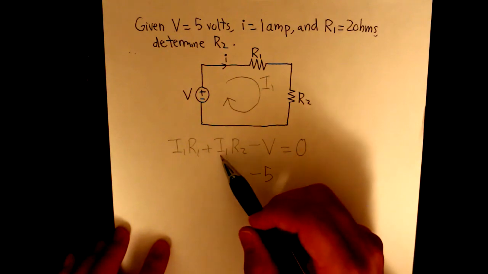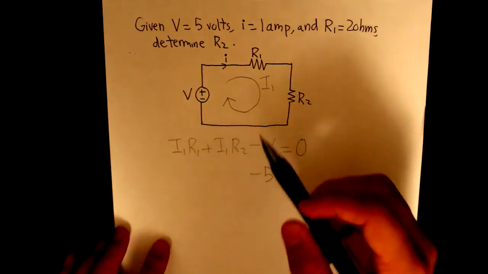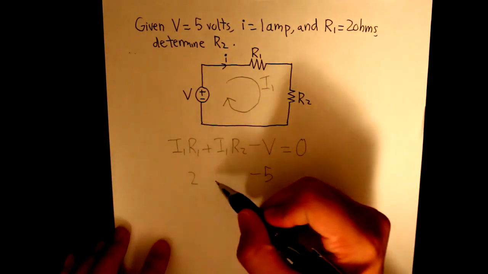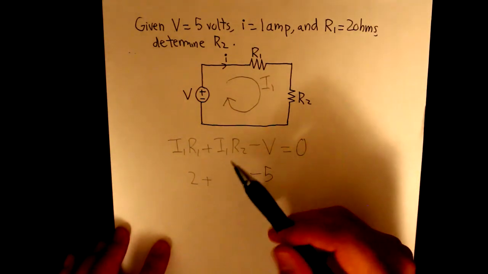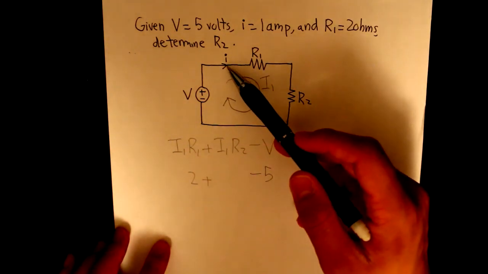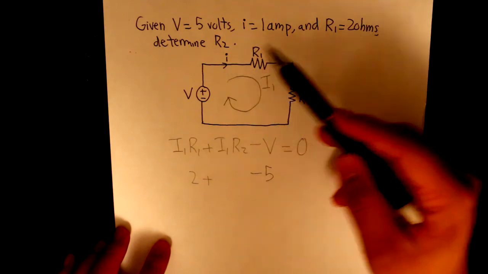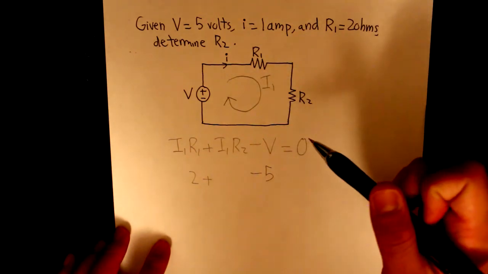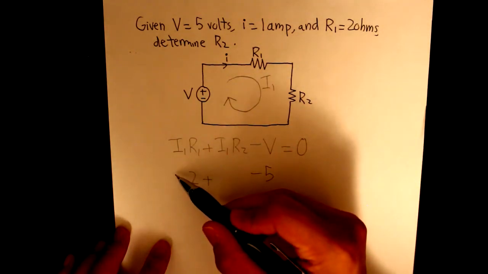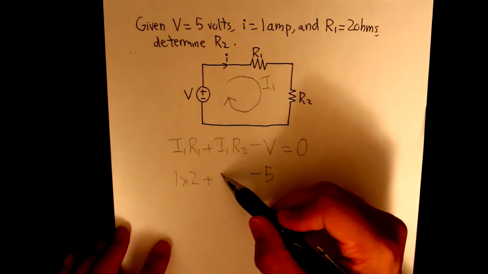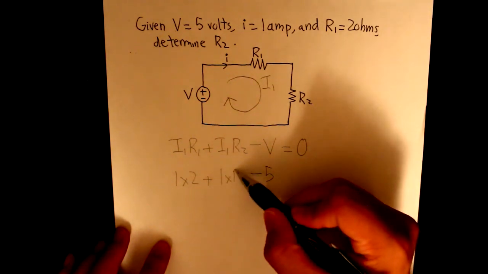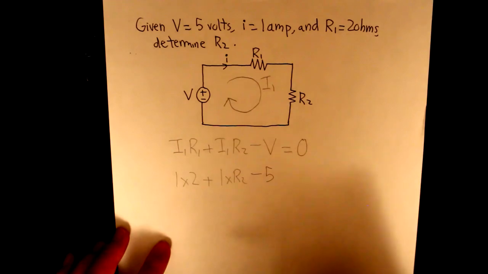R1 is going to be 2 ohms, so we have 2 right here, and then we indicate all the symbols. I1 is essentially equal to lowercase i, which is just 1, so 1 times 2 here, and then 1 times whatever value we need to find for R2.